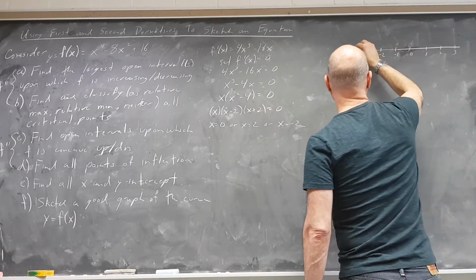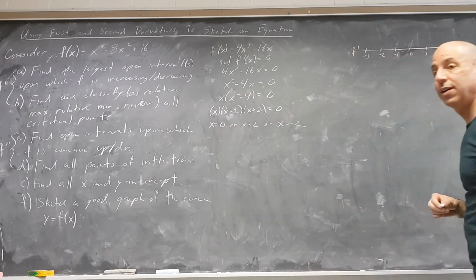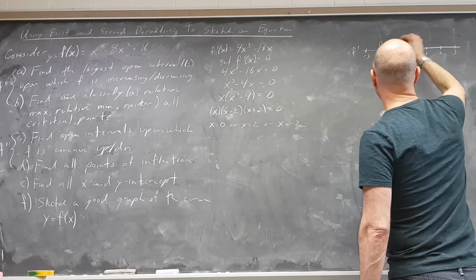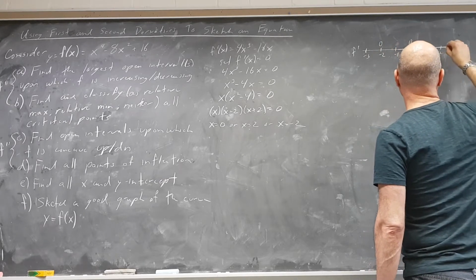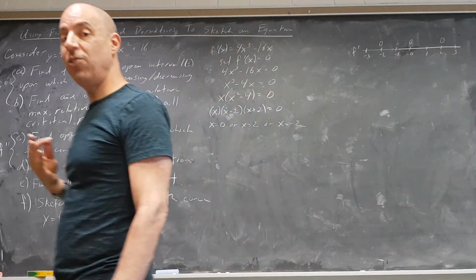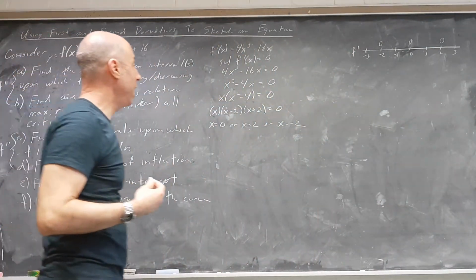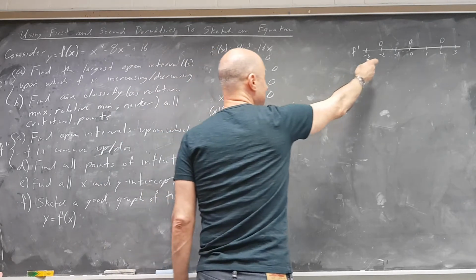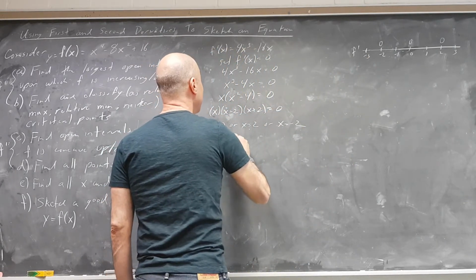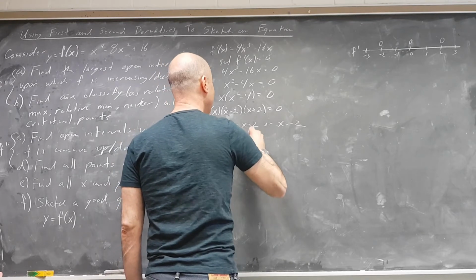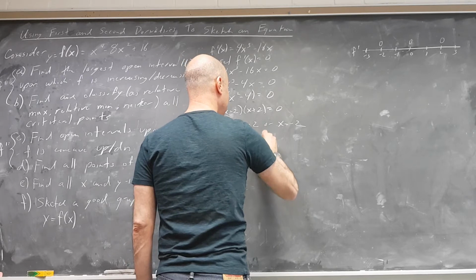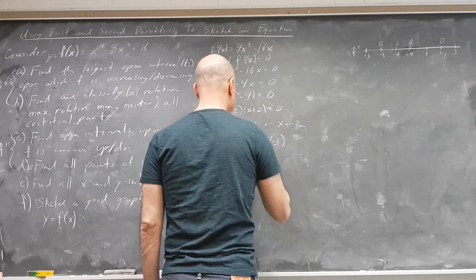So this is a sign chart for f prime. It's 0 at negative 2, it's 0 at 0, and it's 0 at 2. And I can go ahead and plug values in. If I plug, say, a point to the left of minus 2, let's say minus 3, f prime of minus 3 is going to be 4 times minus 3 cubed minus 16 times minus 3.